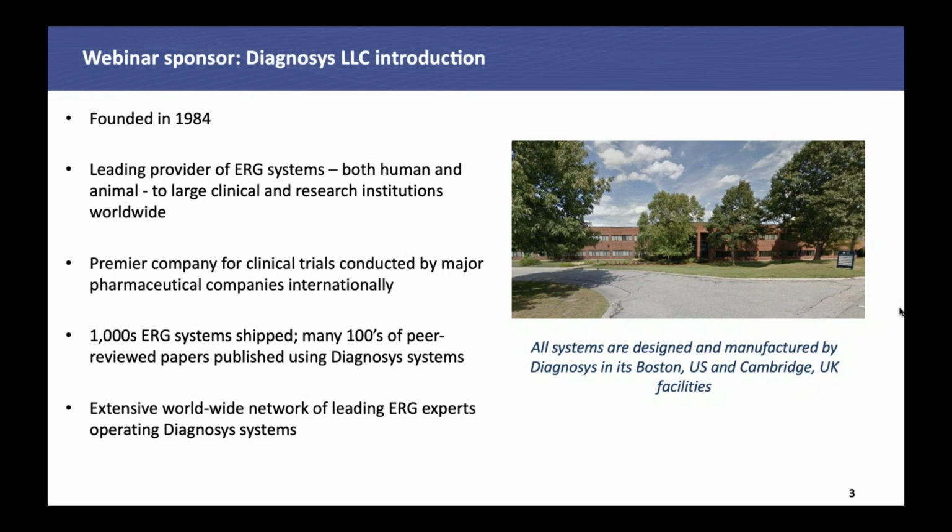We have at least 15 distributors working with us in countries outside of North America and Europe. Historically, we've focused on providing electrophysiology systems, both human and animal, to large clinical and research institutions worldwide. Our first customer was one of those institutions here in Boston 35 years ago, and that's been the primary focus of the company ever since.